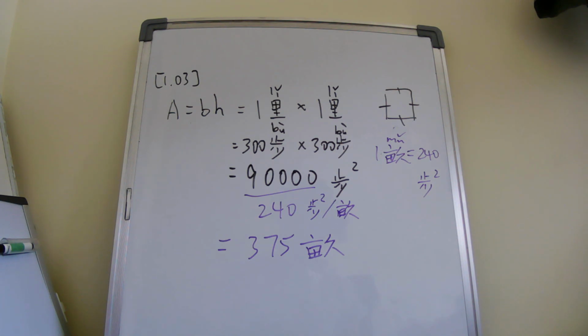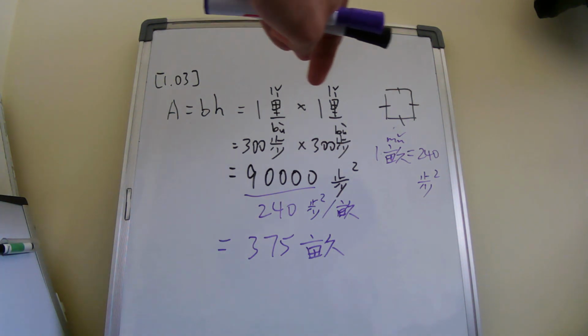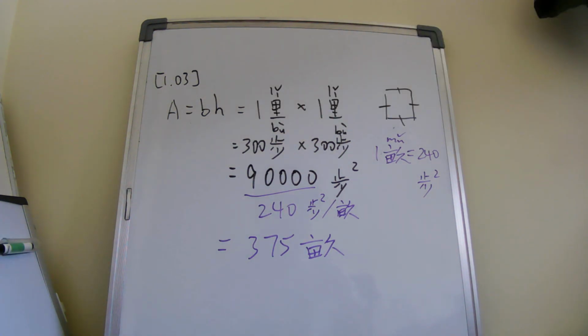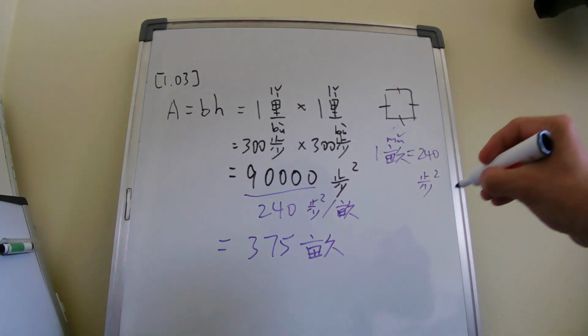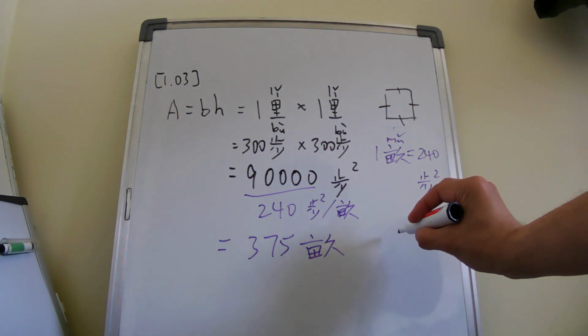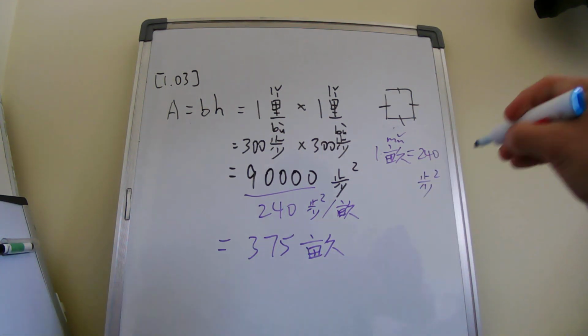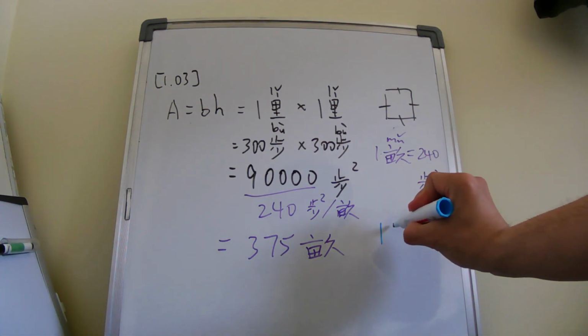Since our problem here for 1.03 is essentially computed, we already have the answer in mu. To convert this to the answer that's given, which is a combination of qǐng and mu, recall from the first two problems in the Fangtian chapter that 1 qǐng equals 100 mu.